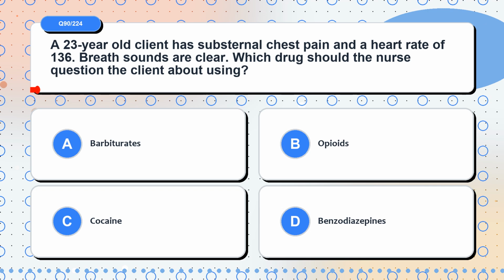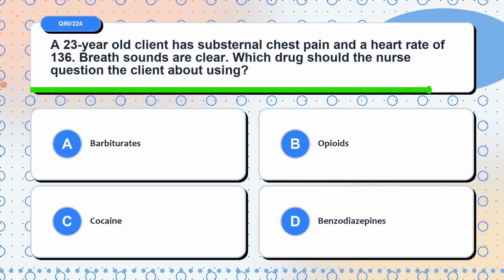Question 90. A 23-year-old client has substernal chest pain and a heart rate of 136. Breath sounds are clear. Which drug should the nurse question the client about using? Here are the options. Option A. Barbiturates. Option B. Opioids. Option C. Cocaine.